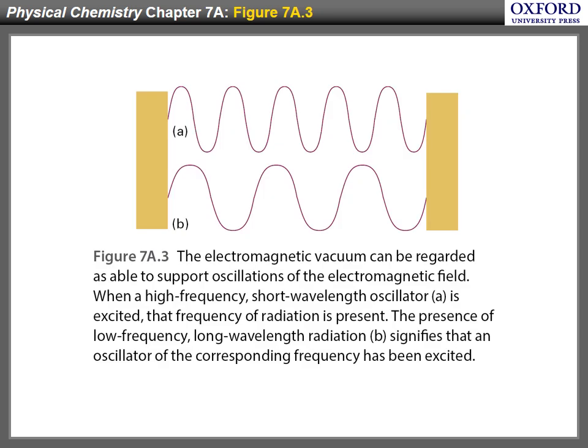Rayleigh, in turn, thought that the electromagnetic field is a collection of oscillators of all possible frequencies. He regarded the presence of radiation of frequency nu as signifying that there is an electromagnetic oscillator of that frequency in existence. So what does that really mean?